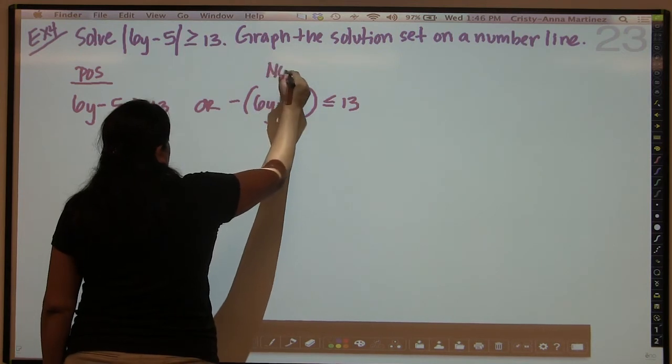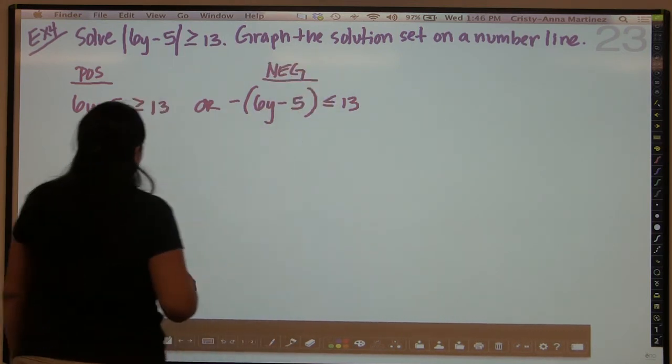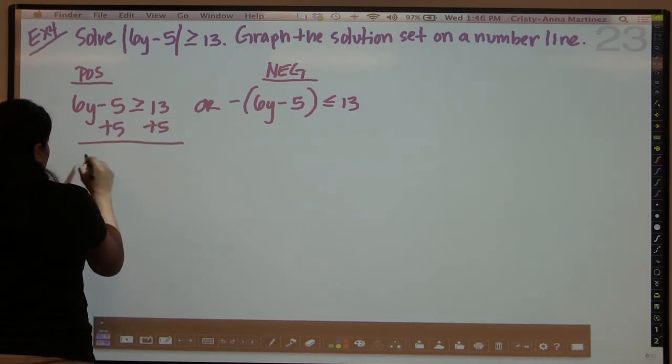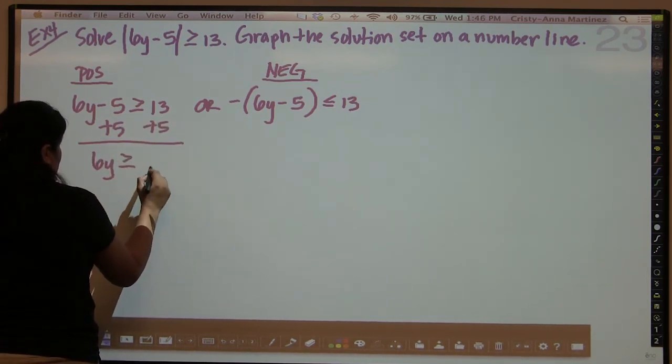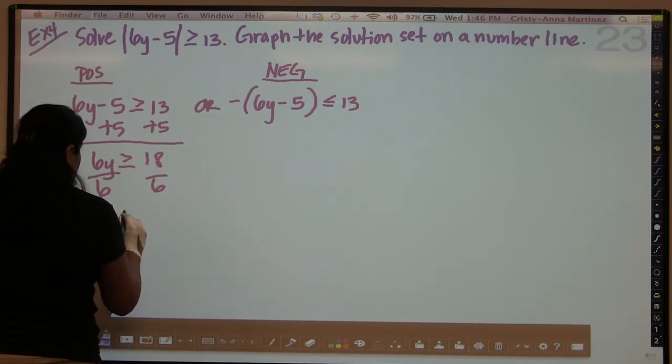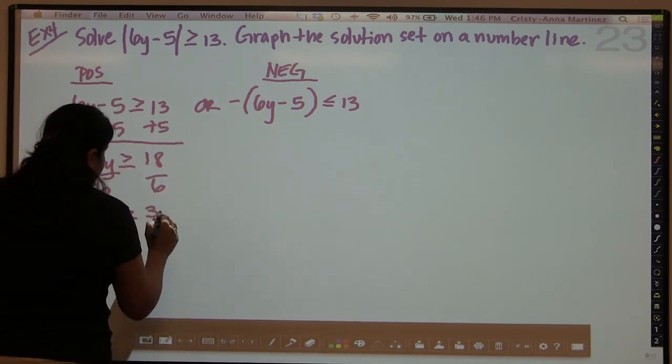So this is my negative case. Alrighty, so here we're going to add 5, we're going to get 6y greater than or equal to 18, divide by 6, and y is greater than or equal to 3.